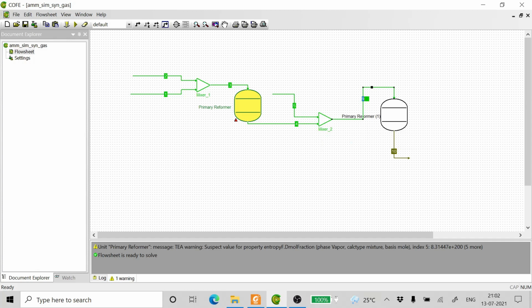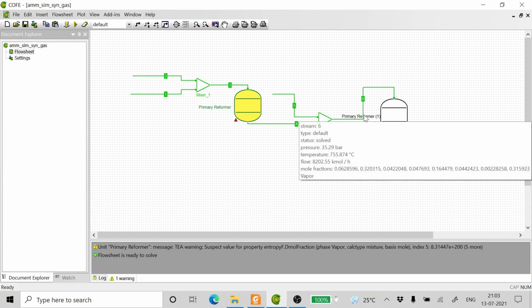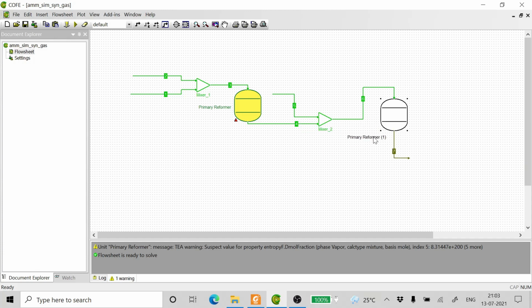Now I rename these streams. I take this as stream number 6, and I take this as stream number 7. Now I take the name and I rename it as secondary reformer.